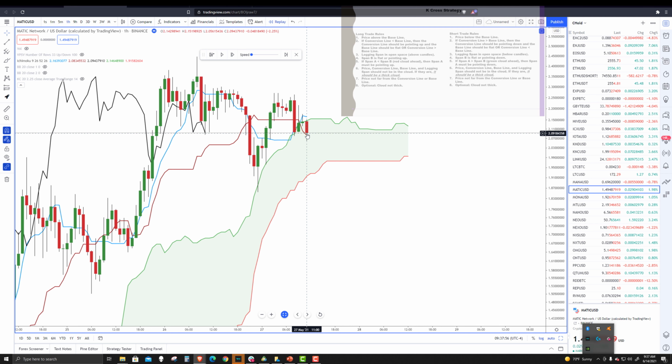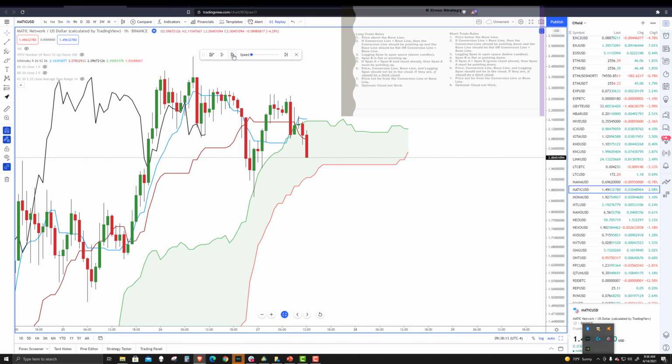It just closed a hair above it. But everything else that we would need in order to go short is present. Conversion line sloping down. Span A is sloping down. We just need price to close below the baseline, and then that should fulfill our conditions for entry.